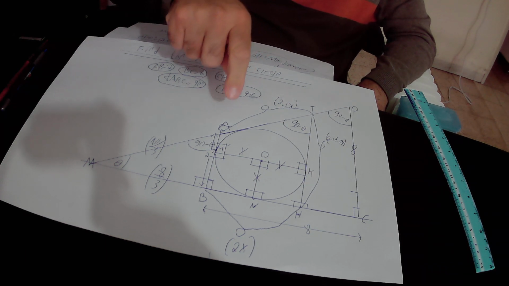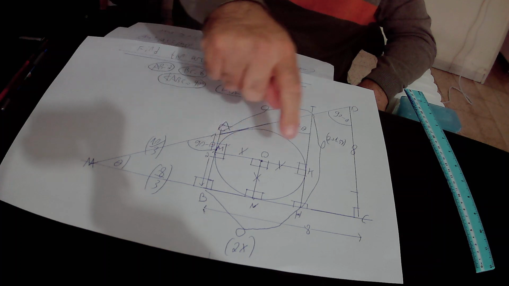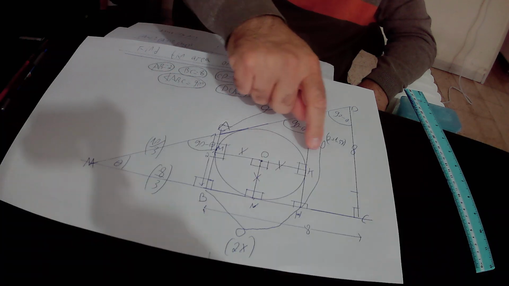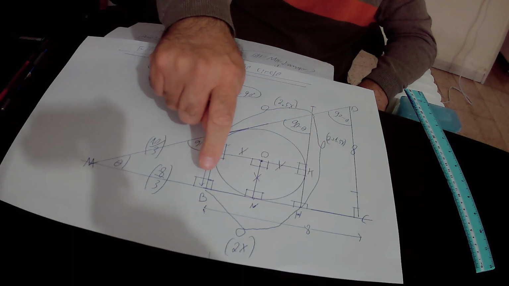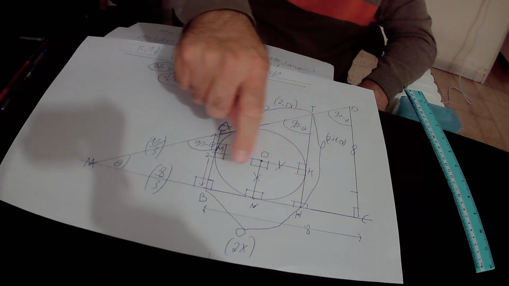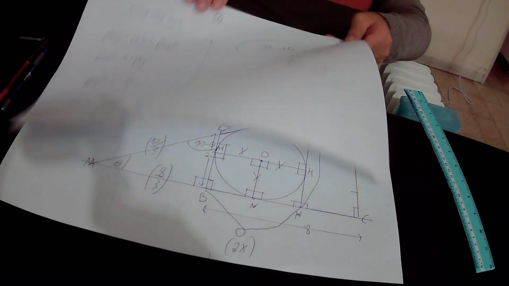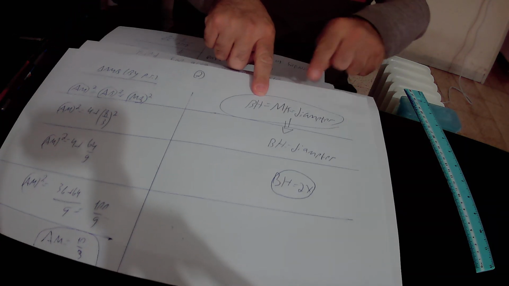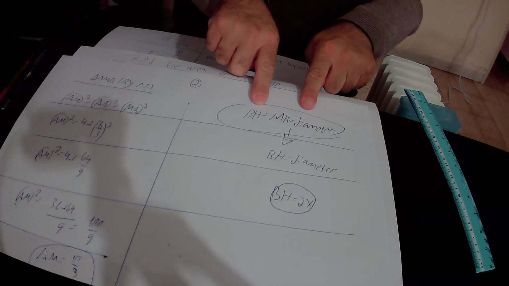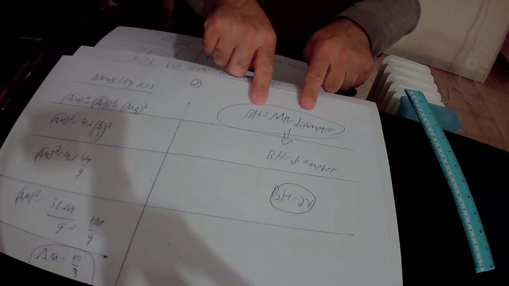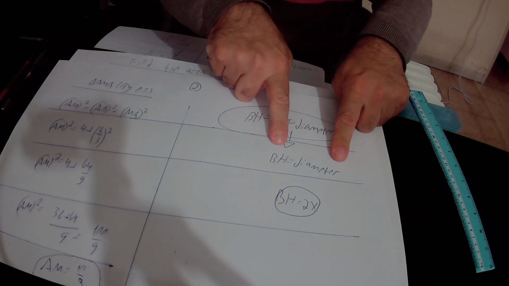That is to say, in rectangle MKBH, side MK must be equal to the opposite side BH. So MK equals BH, and from BH equals MK equals the diameter, we derive that BH is also the diameter of the circle.